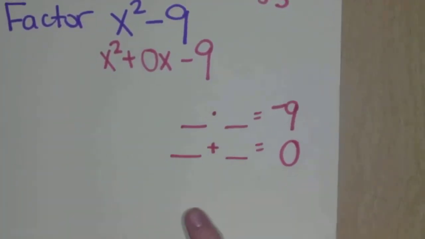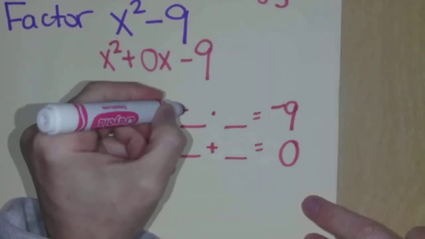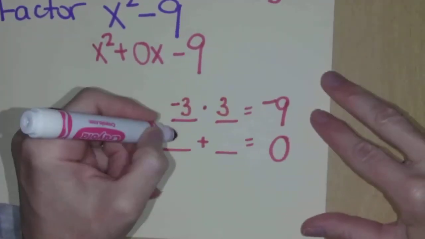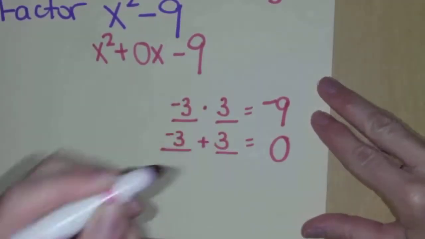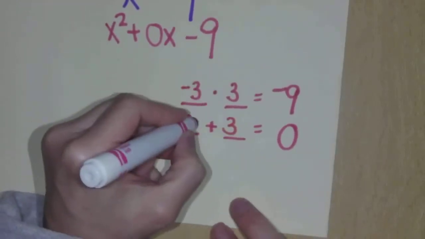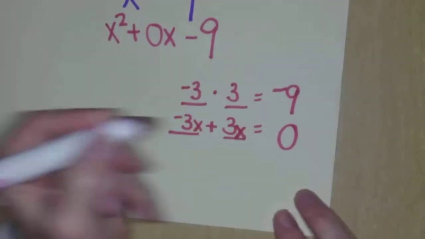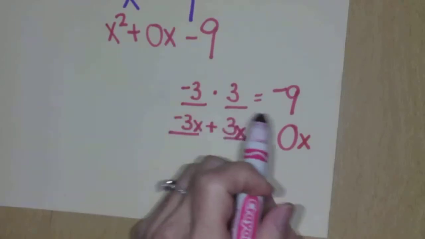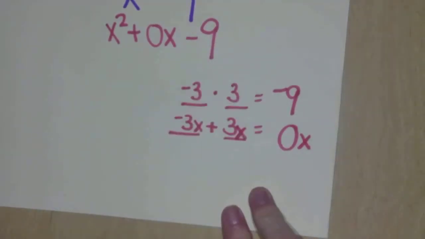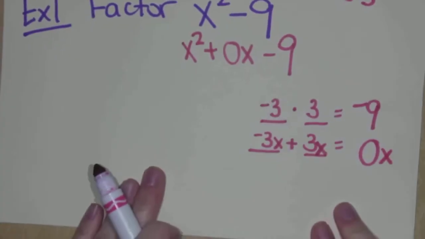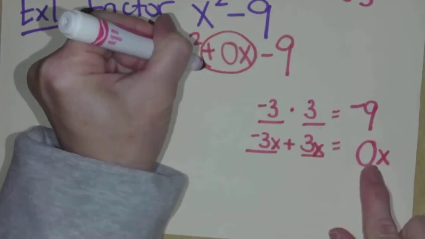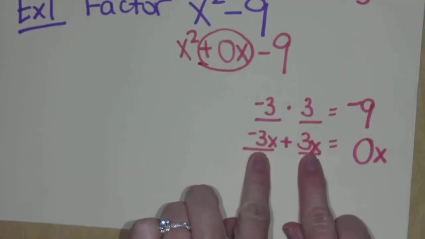There's only one answer that makes that happen, and that would be negative 3 and 3. Negative 3x plus 3x makes 0x, and negative 3 times 3 makes negative 9. So we are going to replace this 0x.